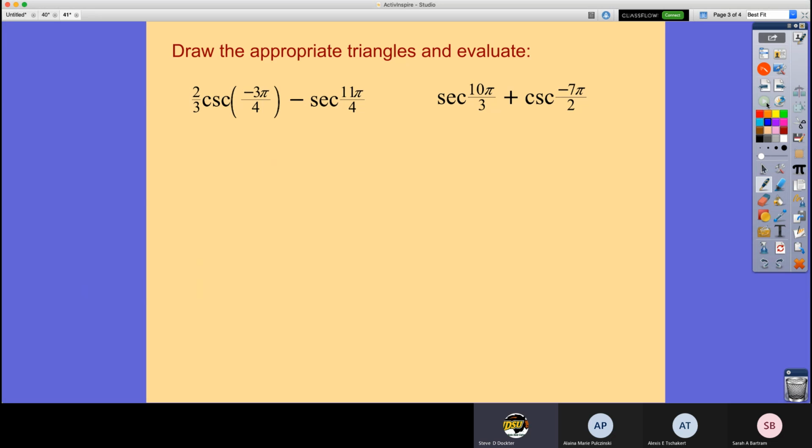All right, for this first one, what would you do first here? I would get it into degree form too. Remember, that is taking each one of these times 180 over pi.